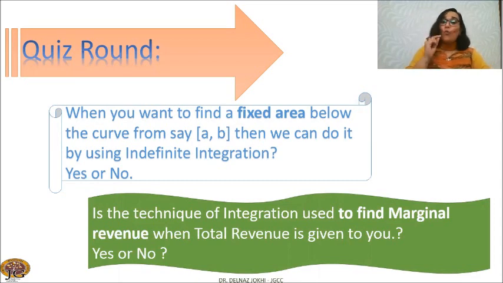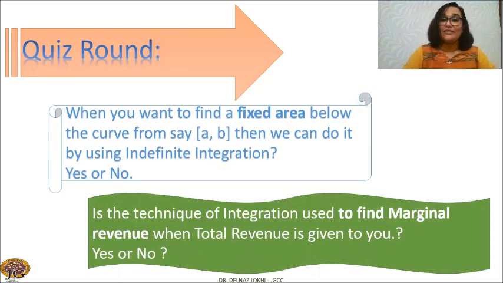And when you want to find out marginal revenue, you were to find marginal revenue when total revenue was given to you, is integration useful for that? No. You were using the concept of derivatives.